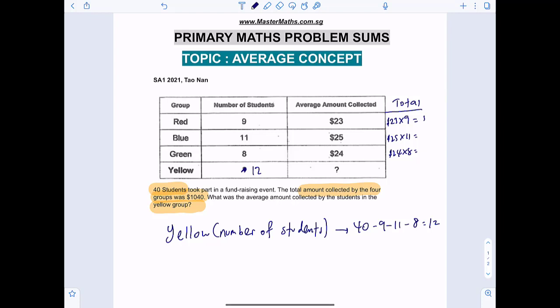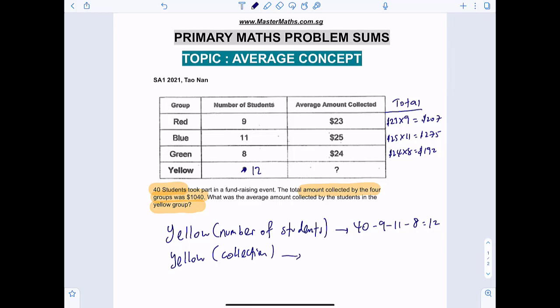207 for the first one. Then next one will be 275. Next one, 192. And the last one, for the yellow group students, yellow collection.